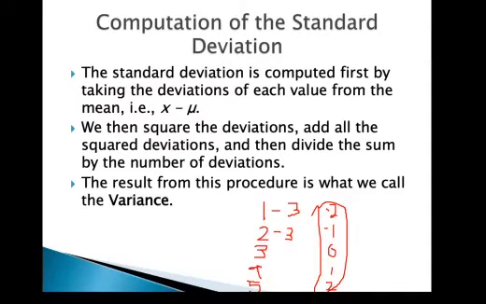To calculate the average, we add these deviations, so we add the negative 2, negative 1, 0, 1, and 2, and then divide by n to get the average deviation from the mean. Except that when we add the deviations from the mean, the sum of the deviations from the mean is equal to 0.